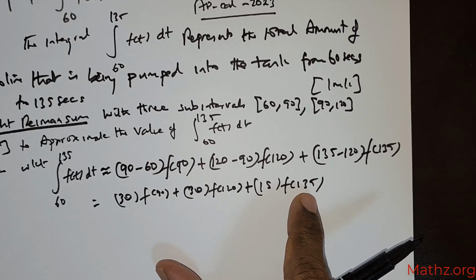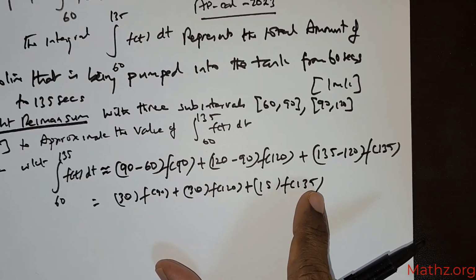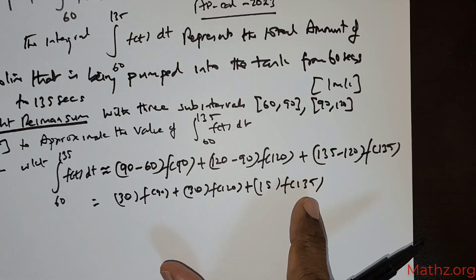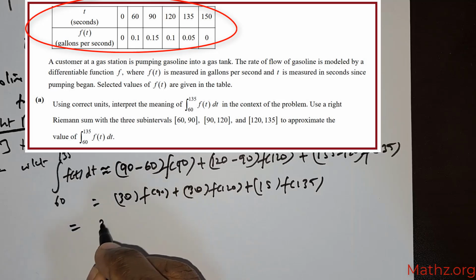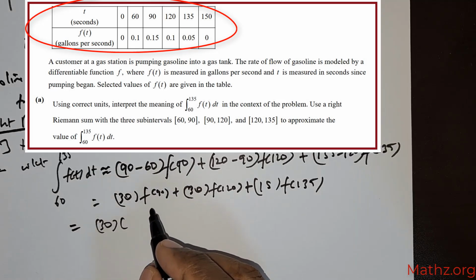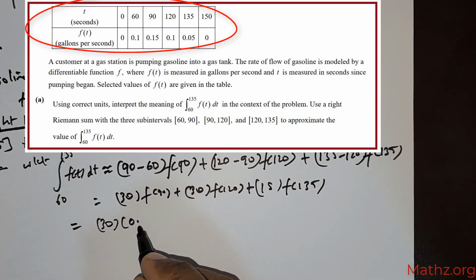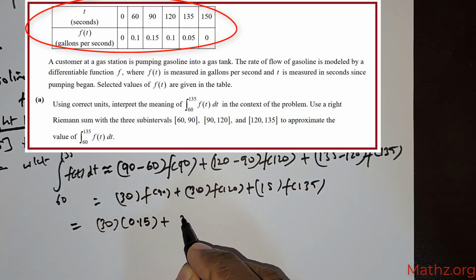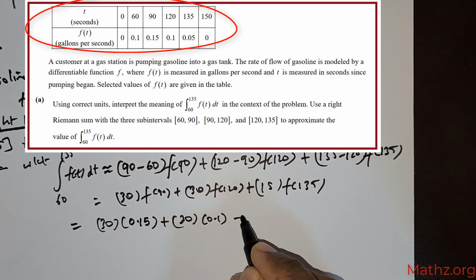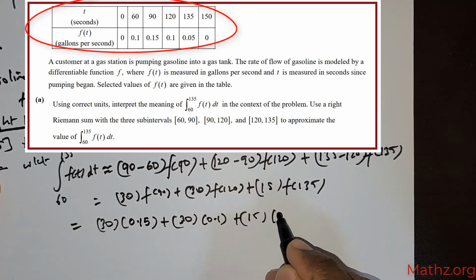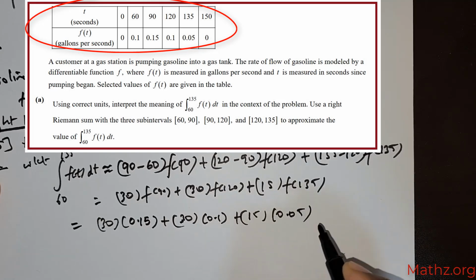So what I will do is place the data on the screen. So this is equal to 30 times f of 90 from the table, which is 0.15, plus 30 times f of 120, that's 0.1, plus 15 times 0.05. So you will have to evaluate this.